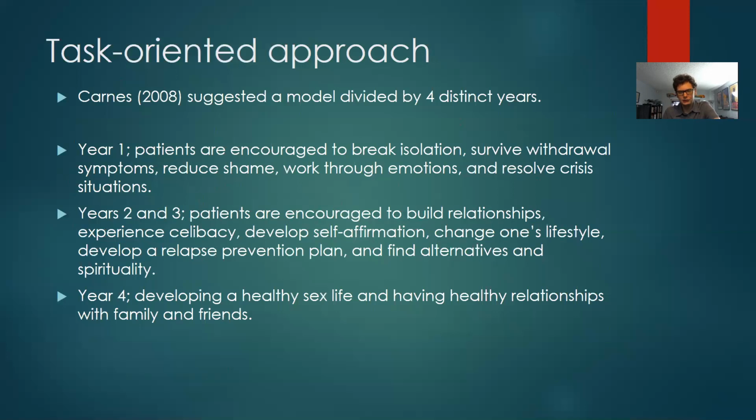Again, the depression, the agitation, the unease. As they experience shame, they directly address that and reduce it. They work through the various emotions that they're feeling with suddenly having a world full of stressors without your go-to coping skill. And they resolve crisis situations, such as when a person may feel suddenly, I can't do this, I'm just done with it. That's year 1.